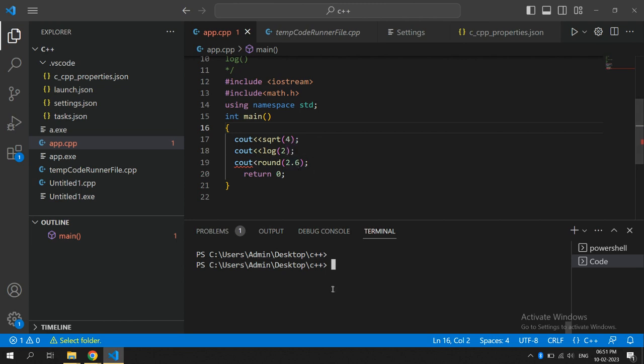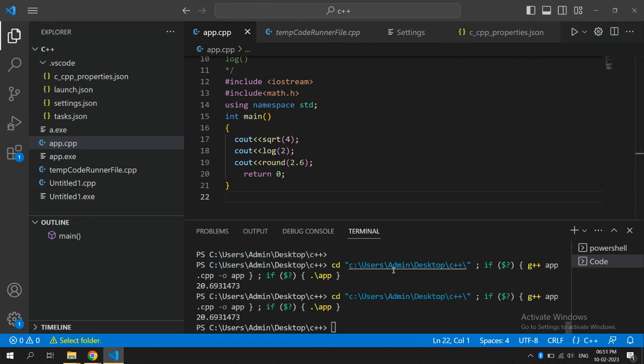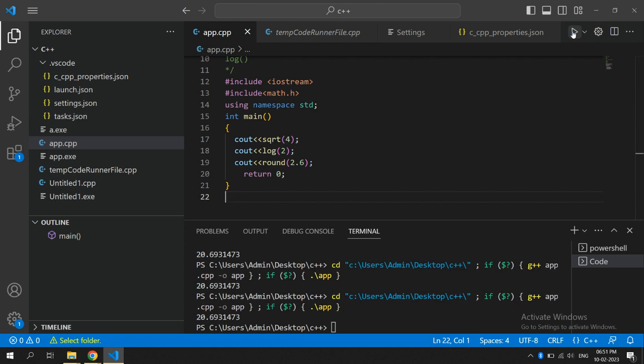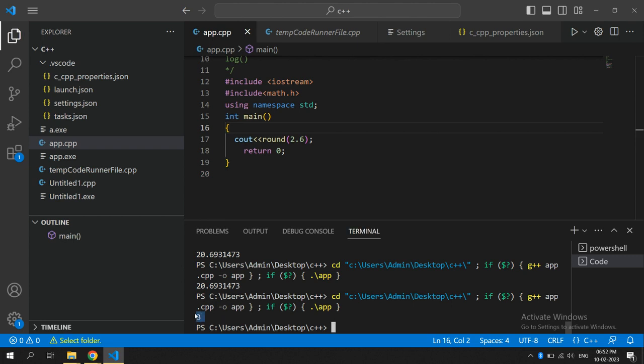You can find the round of 2.6 by using the round keyword. As you can see, the round off of 2.6 is 3.